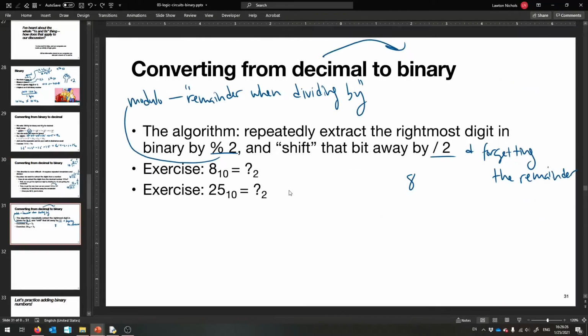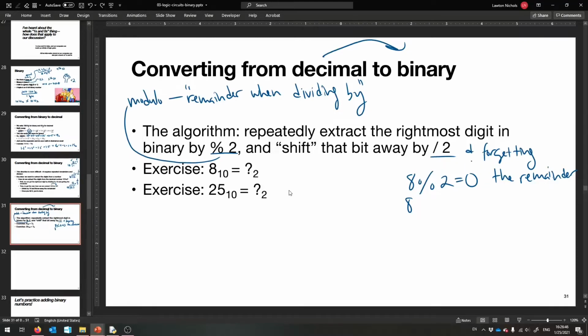So here is the 8, and I'm going to get the remainder after dividing by 2. This is an even number, so 2 goes in cleanly, and the answer is 0. That's the remainder when dividing by 2. And then I'm going to shift away the 0 that we just found.